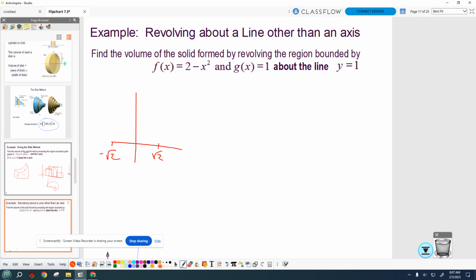Amelia? Oh, so you said y-intercept is 2. Okay. Graph g of x equals 1. George, what does that look like? Horizontal line here. Michael, where are we spinning it around?